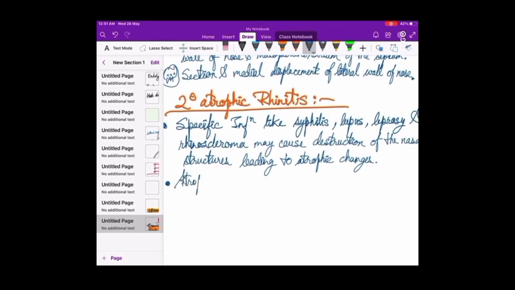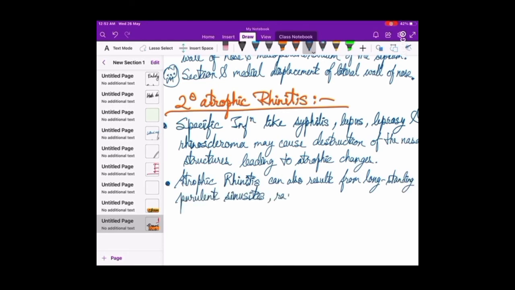Atrophic rhinitis can also result from long-standing purulent sinusitis, radiotherapy to the nose, or excessive surgical removal of turbinates.